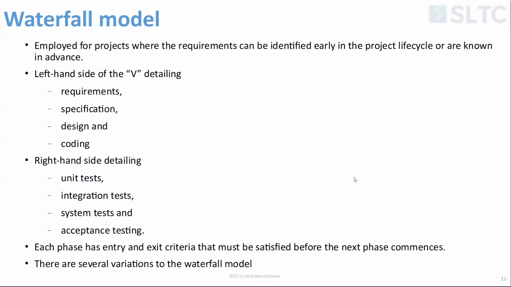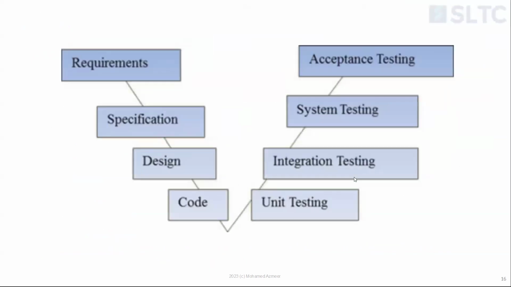So the waterfall model is employed for projects where the requirements can be identified early in the project life cycle or are known in advance. So if you know the project details in advance, you can use that, right? In fact, if you look at the chart here, it's called the V chart. On the left, we have studying of the system.